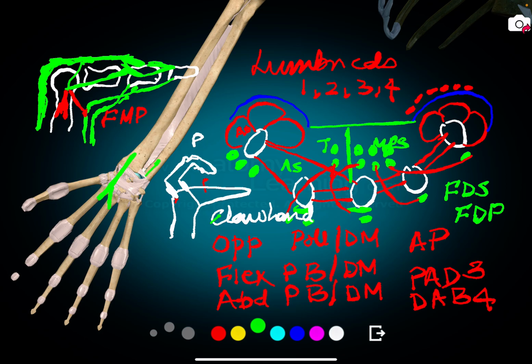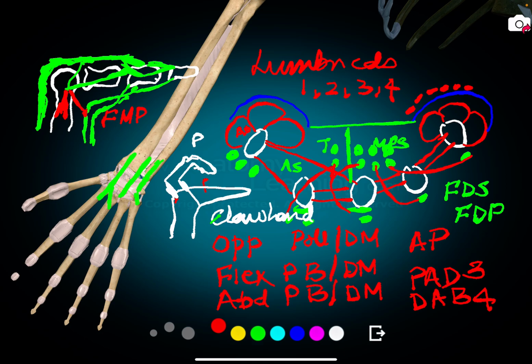Flexor carpi ulnaris inserted on the pisiform and sending the pisohamate ligament, under which passes the ulnar nerve. And palmaris longus inserted on the palmar aponeurosis, which flexes the wrist in a cupped hand position.